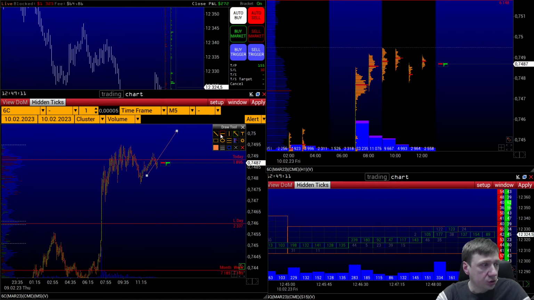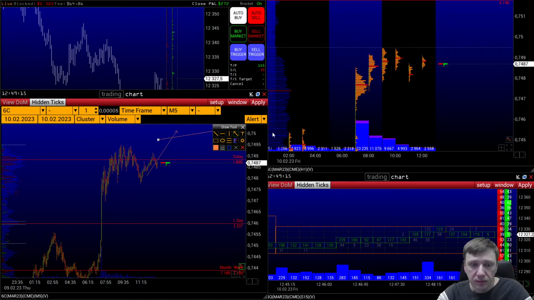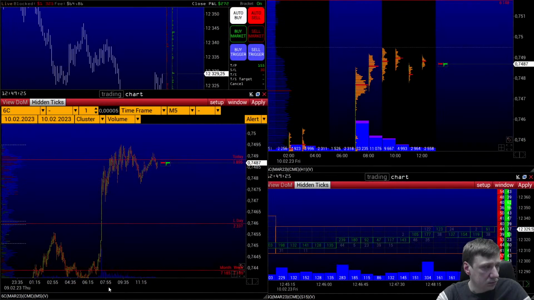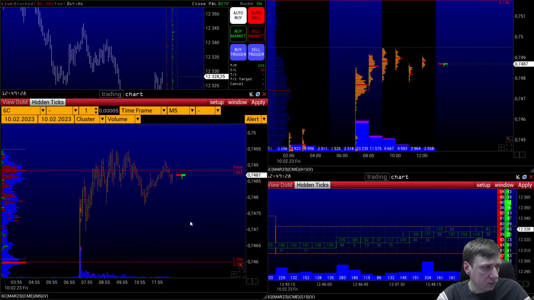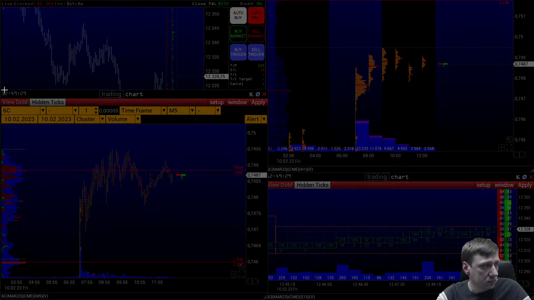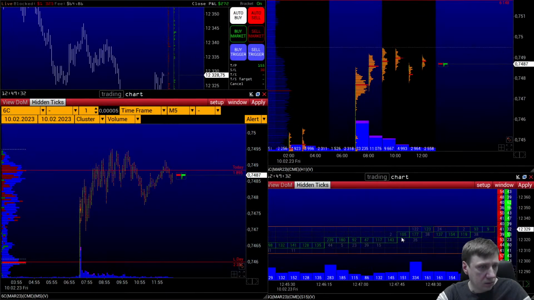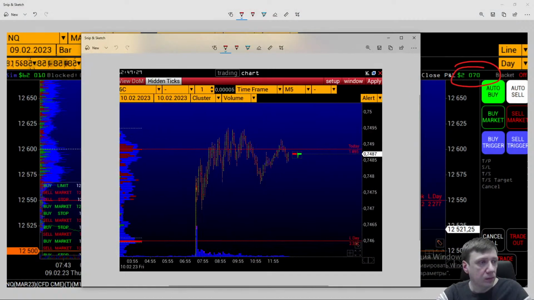Maybe we can look for a short trade only after a false breakout. So I will show you some scenarios which you can use here. The first one for long and another one for a short. I will mark our levels, and I will give you my scenarios here.